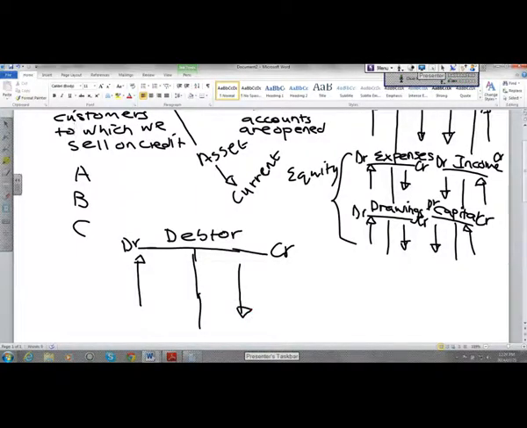If a debtor is increasing, what will increase the debtor? When we sell goods on credit to a debtor, the debt they are owing us is going to increase, isn't it? So what will increase the debtor? One is credit sales.